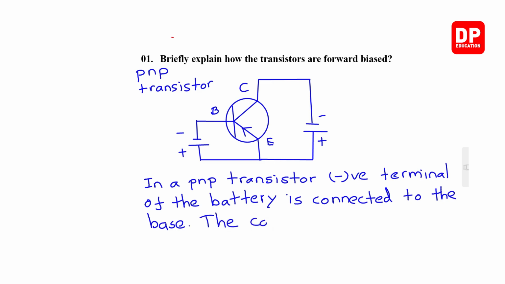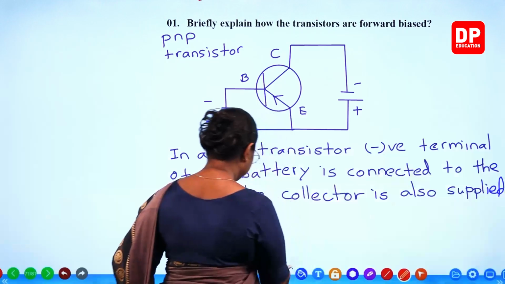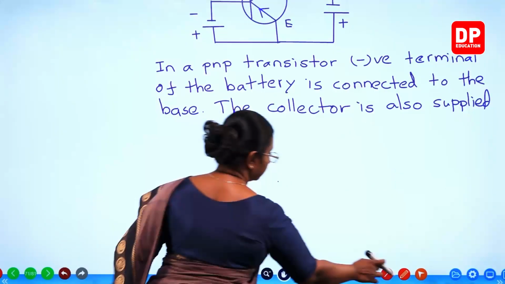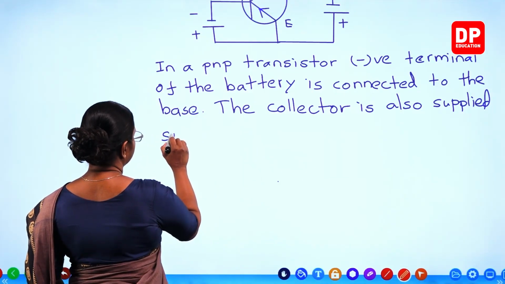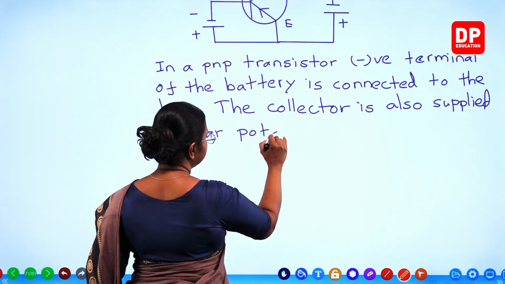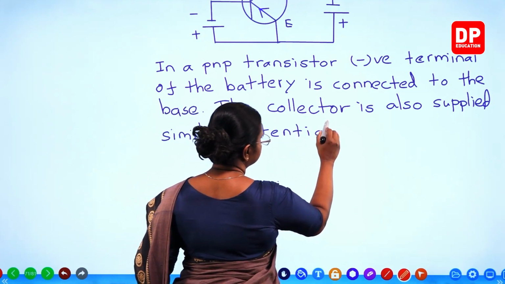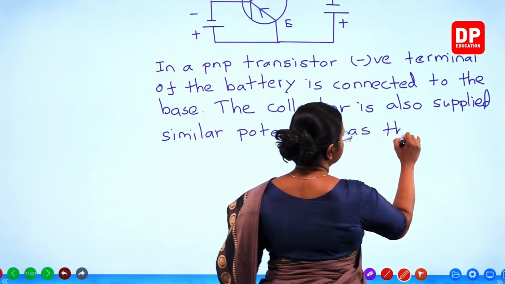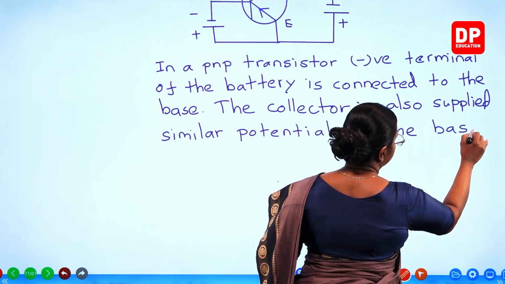The collector is also supplied a similar potential as the base.